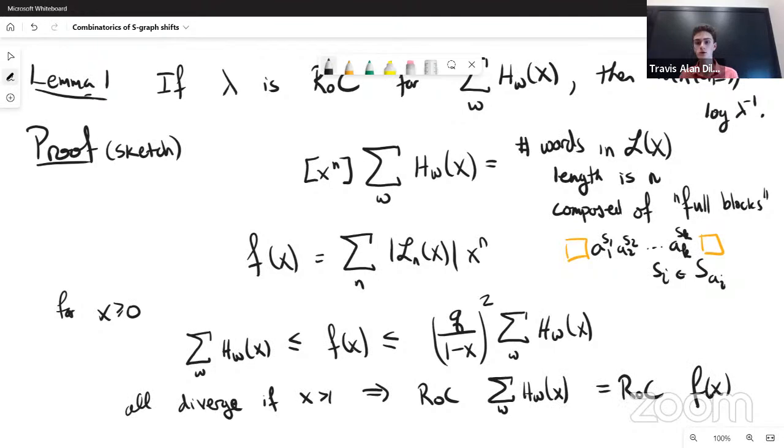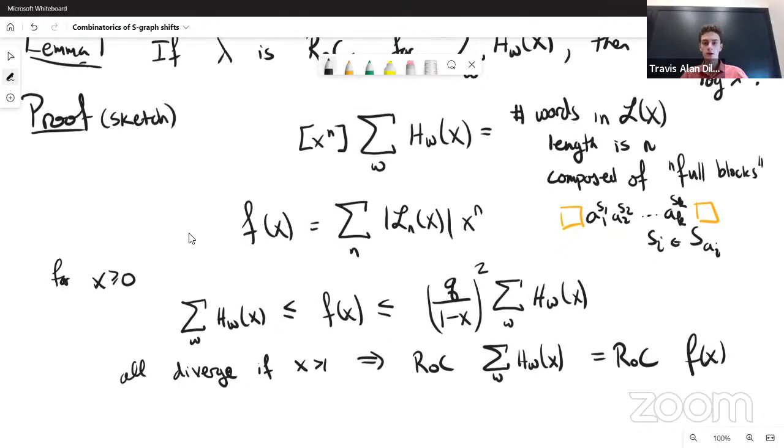And a priori, what I've told you so far doesn't help at all. All I've done is define another power series and say the radius of convergence is the same. But the point is that this power series here will be easier to work with. We'll be able to massage it into something nice. This power series is easy to tell the entropy of.